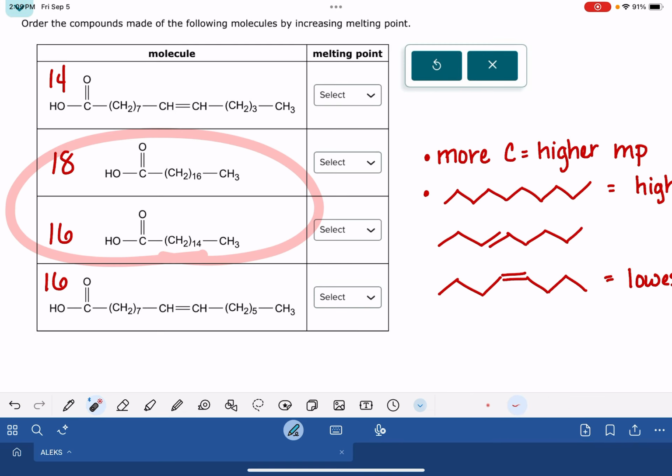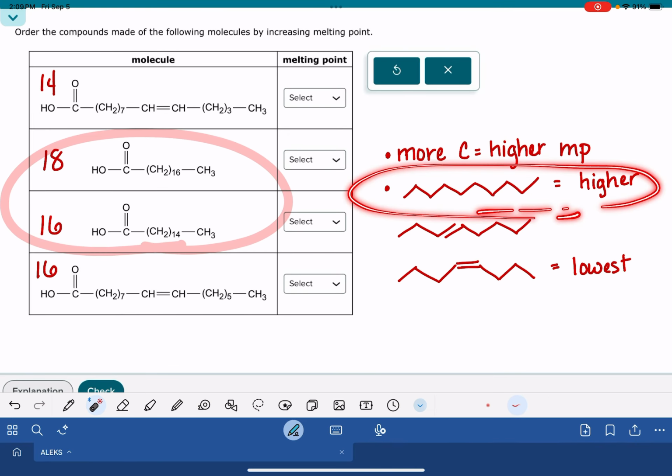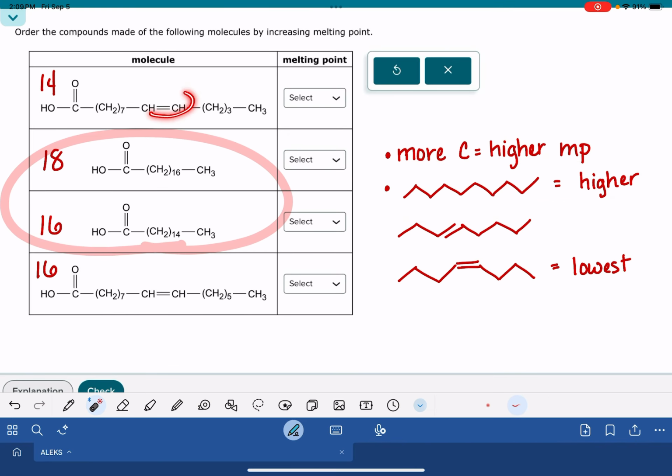So they are higher melting points than the molecules that have the carbon-carbon double bonds. Of these 2, the one that has the most carbons is going to be our highest melting point, which is number 4. And then this one is going to be our next highest, number 3. These two with the double bonds, 16 carbons, is going to be our number 2, and the one that has the smallest number of carbons and the double bond, that's going to be our lowest.